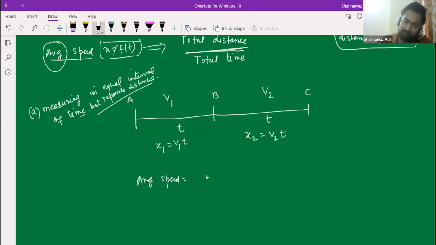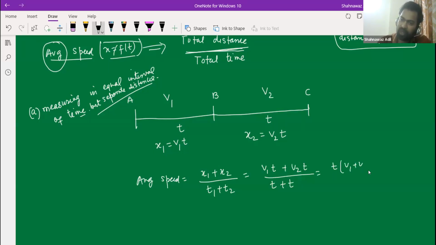The total distance is X1 plus X2, and the total time is T plus T. X1 is V1 T, X2 is V2 T, and the time is T plus T. T is common, so this is V1 plus V2 over 2T. The T's cancel, and we have V1 plus V2 by 2. So this is similar to the usual average definition, right? Is it clear?